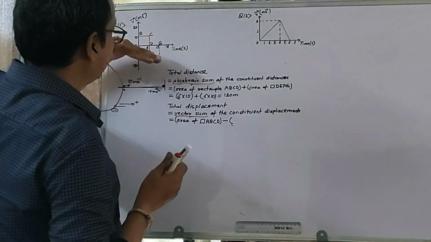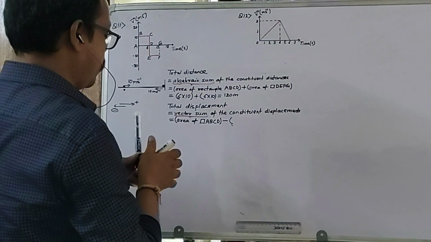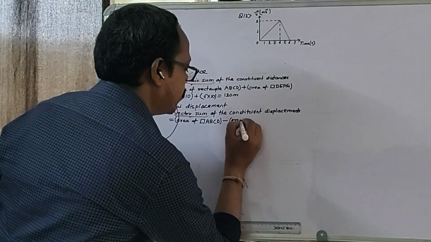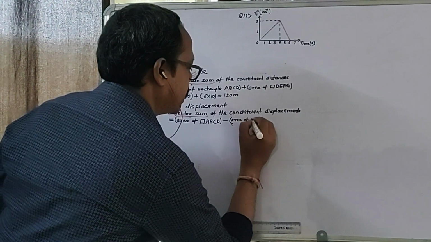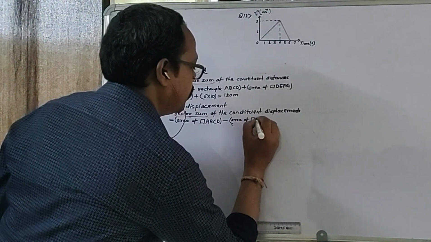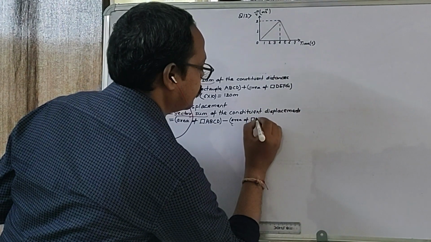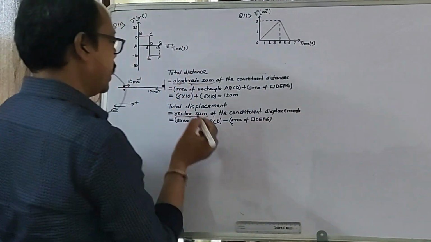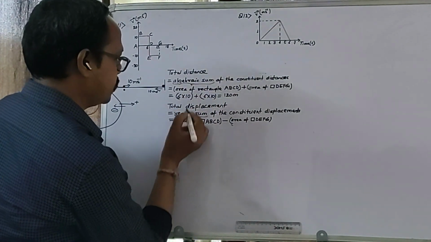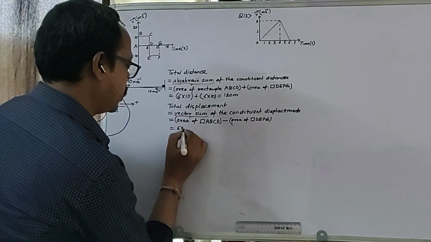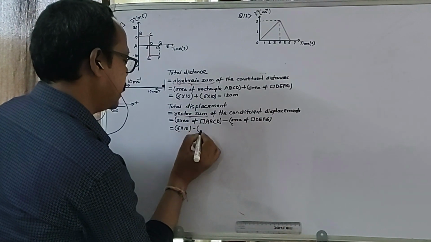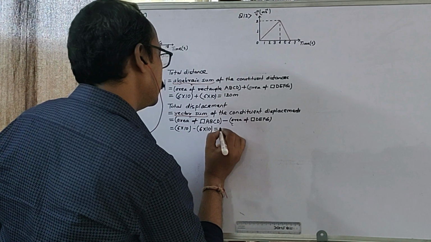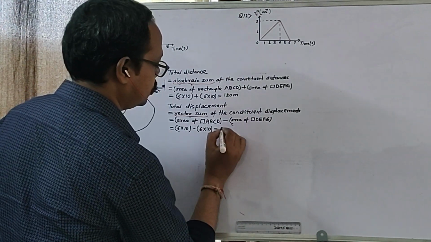So if the area is lying below the time axis, we have to subtract that area, the area of rectangle DEFG. Now we can reuse the value we calculated earlier. So it is 6 into 10 minus 6 into 10, which is 60 minus 60, 0 meter.